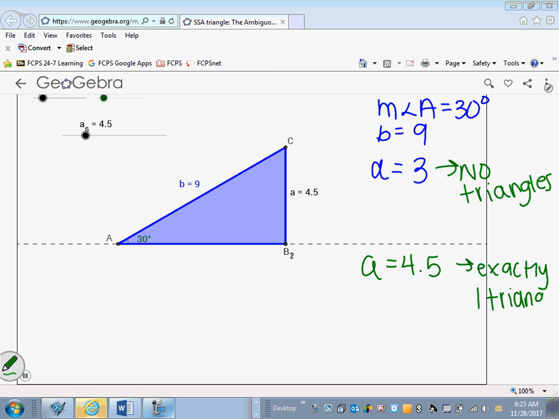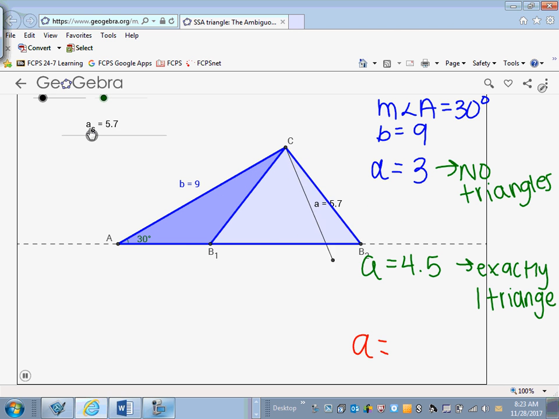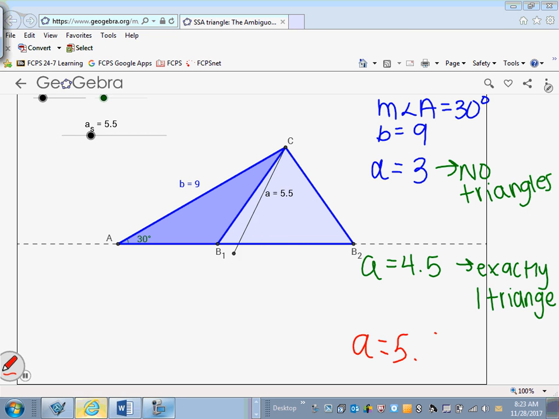And what do you think is going to happen if A is longer than 4.5? So let me show you. Let's take A and let's make it longer than 4.5. If I make A 5.5, if you swing A back and forth, this is first A, and it creates this triangle over here.